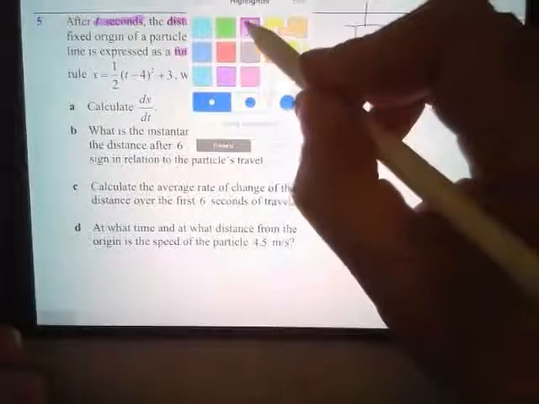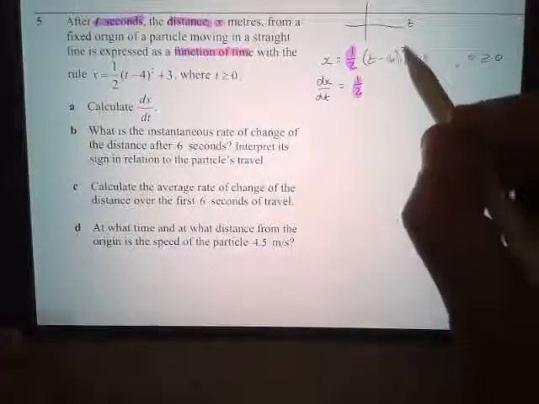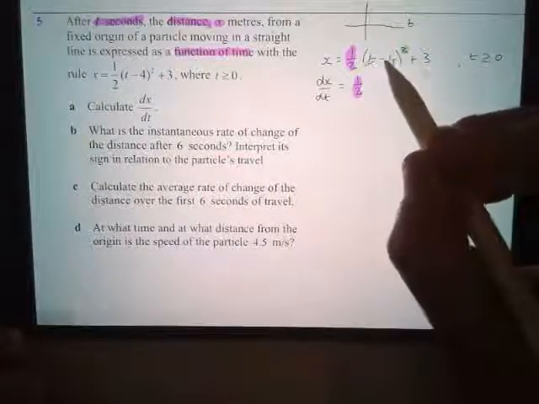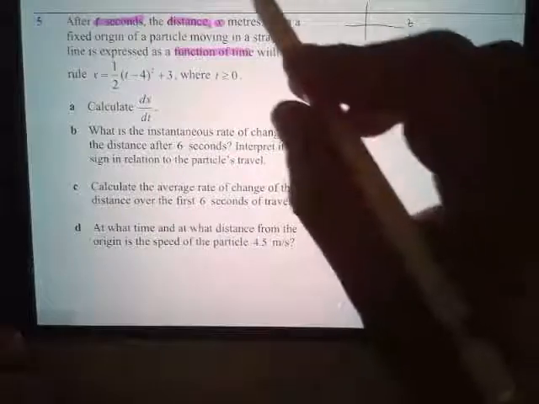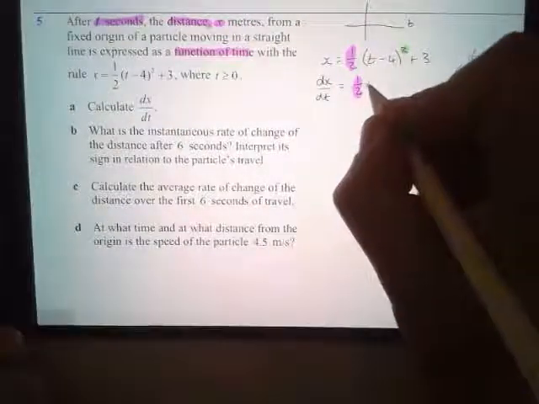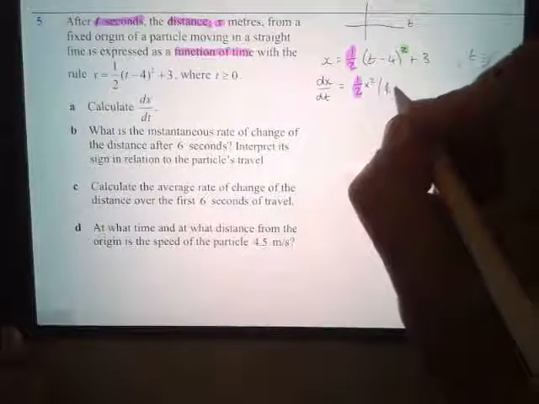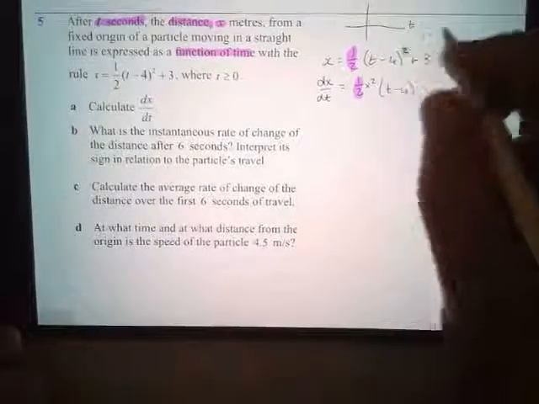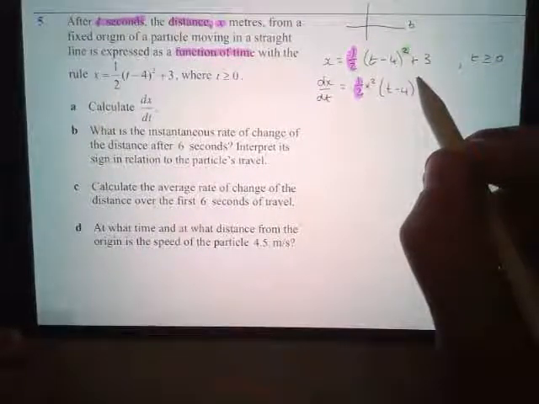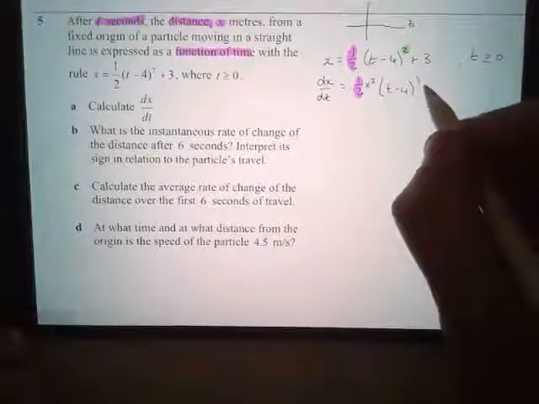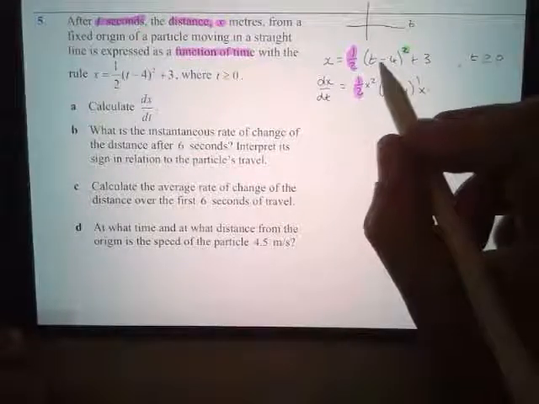Now I have a bracket, and if I have a bracket, this 2 comes to the front. So something to the power 2, outside first, the 2 goes to the front. So it's times 2, the bracket stays like it is, and the power becomes 1 less, which means (t minus 4) to the power 1. I then multiply with the derivative of the inside.